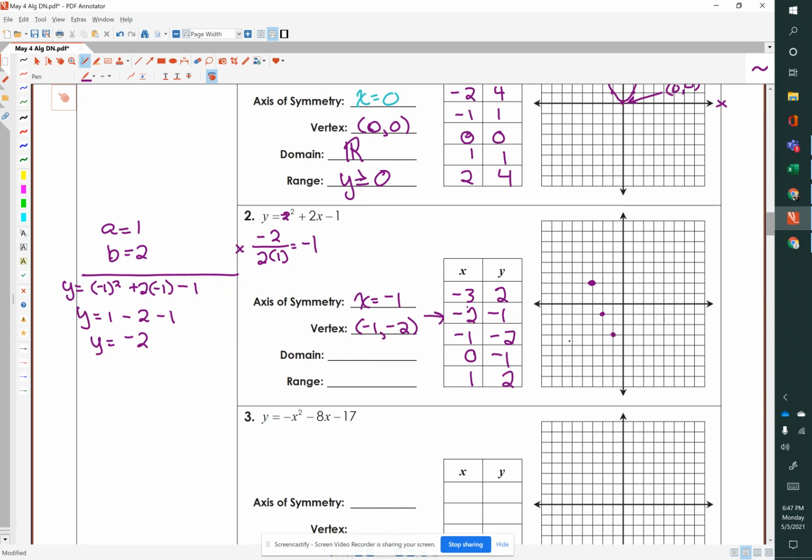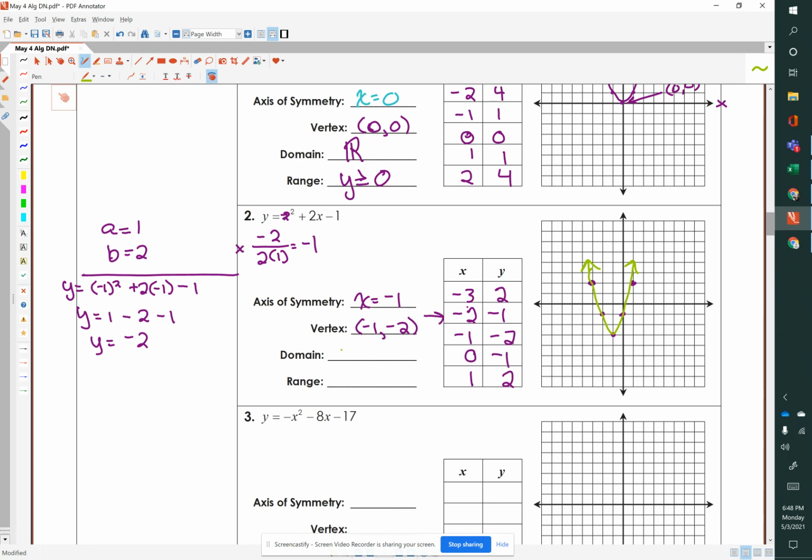That looks like our vertex. (0, -1) and (1, 2). There it is. Let me get a lighter color to draw the parabola. It's a skinnier kind of parabola than we've had.